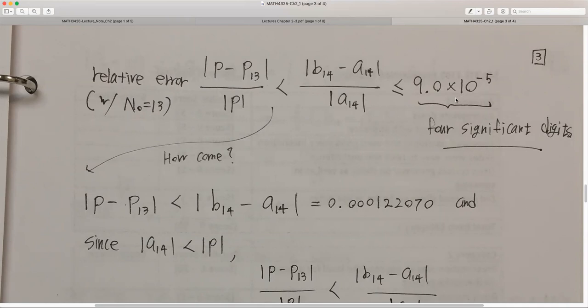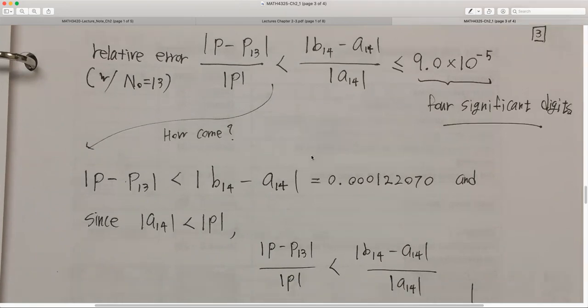Normally the error is expressed as an integer times 10 to the negative some non-negative integer, and normally that integer must be one digit. So in this case it's going to be five. The significant digit must be 5, it's not 4. I think this is a typo.